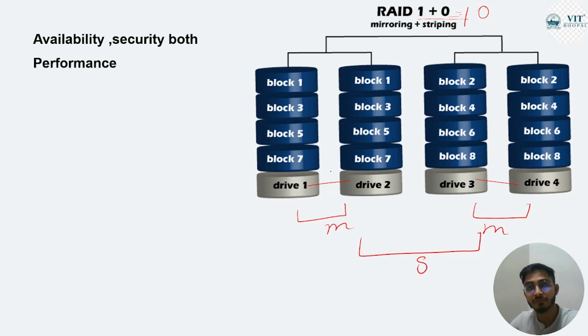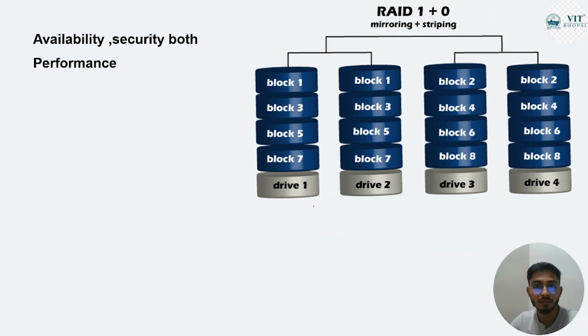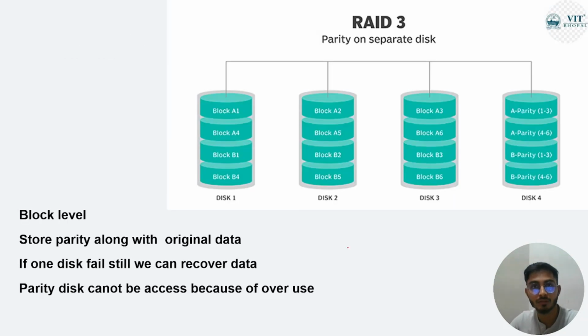So it will provide the functionality of both RAID 1 and RAID 0. That is, availability is also there and security is also there. Performance will also be there. So in real life applications, mainly RAID 1+0 is used. Okay. Now let's see what is further.